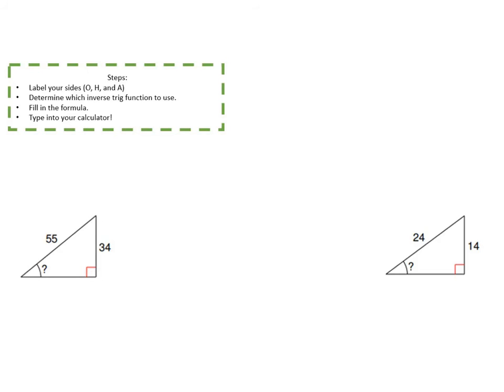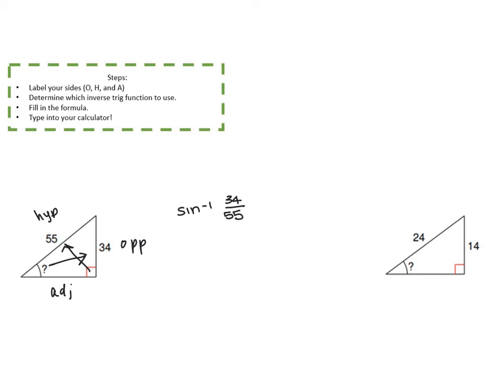If you need to see a couple more, we're going to follow the same steps. This side is opposite because it's across from the angle. This side's hypotenuse because it's across from the right angle. The third side we call adjacent. Since I have O and H, that's sine inverse still, so opposite goes in the numerator, hypotenuse goes in the denominator.